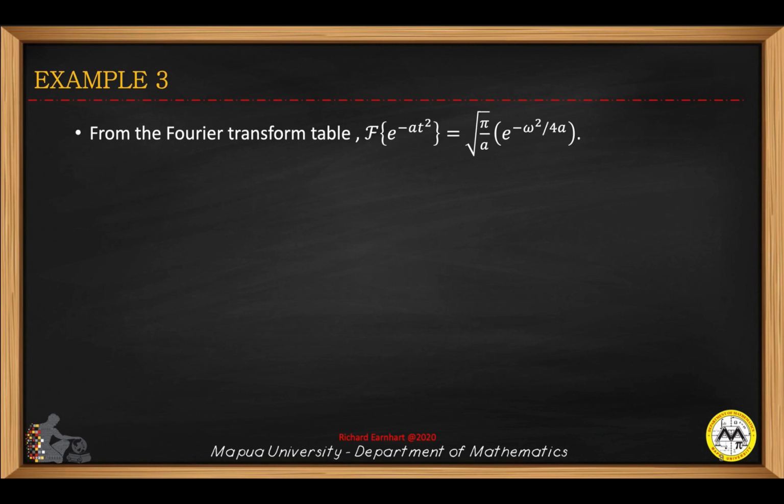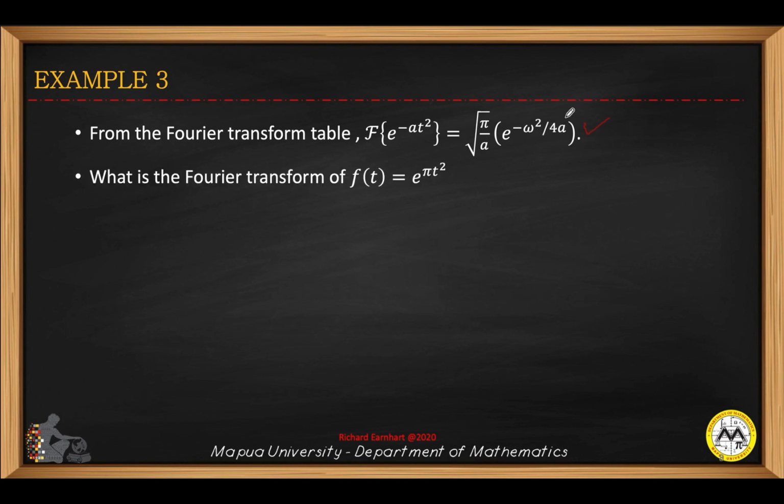Okay, from the Fourier transform table, you will have the Fourier transform of e to the negative a t squared as equal to this quantity: square root of pi over a multiplied by e to the negative omega squared over 4a.